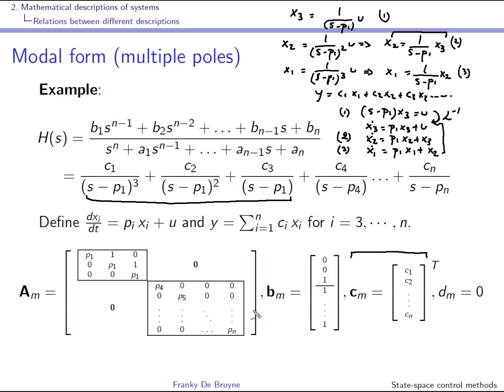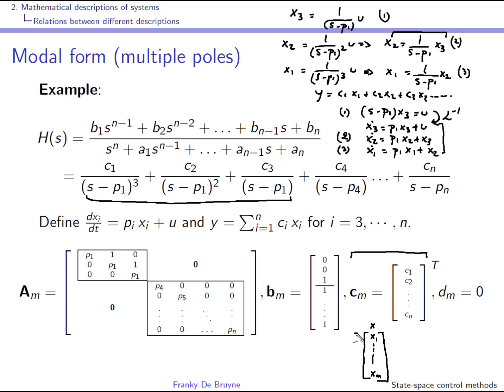Okay, so these are the three important relations. So let's write as usual x, so this is x1 up to xn.